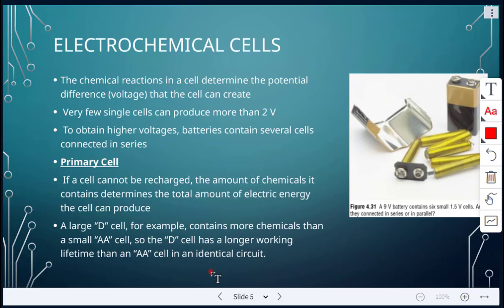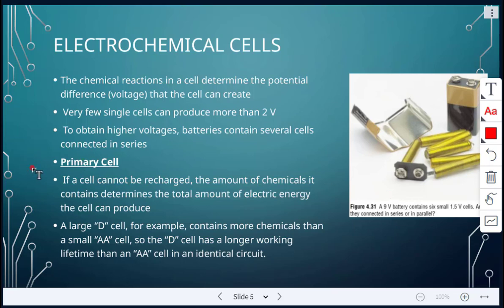Okay, next, we're just looking at potential difference. So the chemical reactions in a cell will determine the potential difference or voltage that the cell can create. So usually single cells produce about 2 volts. So to obtain higher voltages, these batteries will contain several cells and they're connected in series. There's two different cells. There's a primary cell and there's a secondary cell.